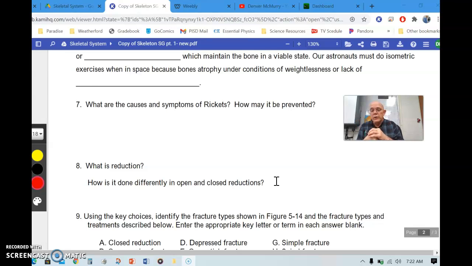That would be open. Closed, for example, when I was in high school, I broke both arms right here in a football practice. But they could jiggle them around and put them back together without having to cut it open and do any kind of pins or anything. So that would be a closed reduction. Okay, so you have open and closed. It's that simple, just open and shut, if you will.